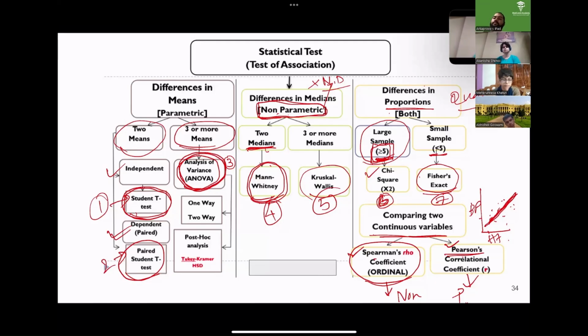Merunisa, Dipto? Yes, sir. Any questions? Any questions?